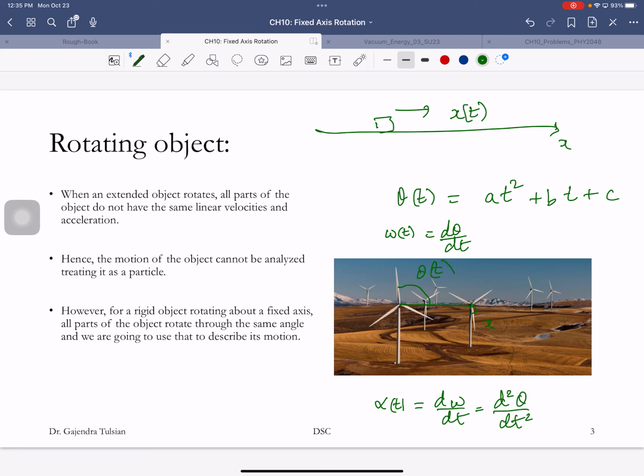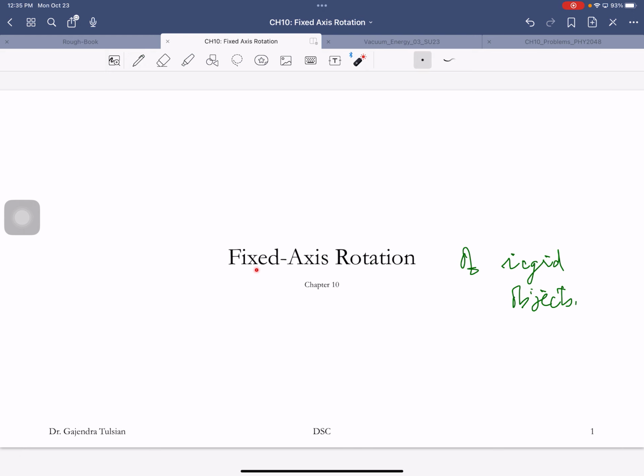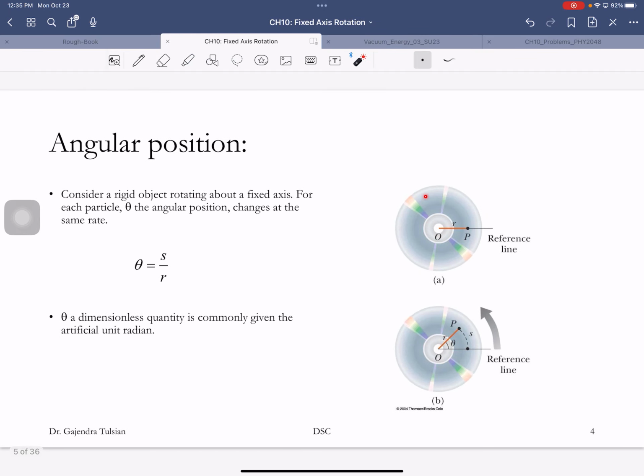All right, so again, what we are studying in this chapter is fixed axis rotation of a rigid object. So for instance, here's an object that is spinning about this axis, an axis perpendicular to the sheet.